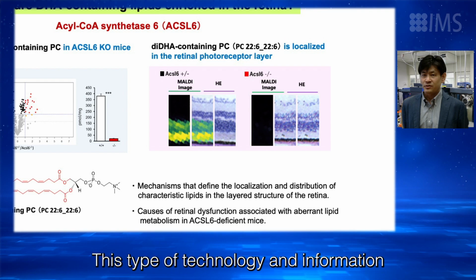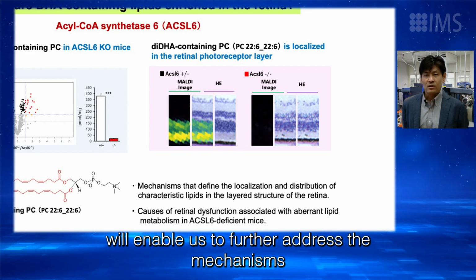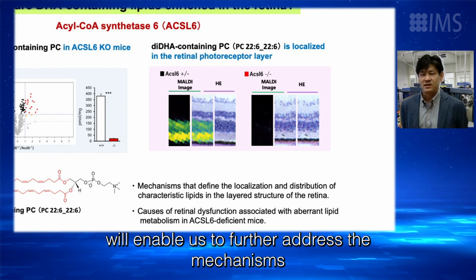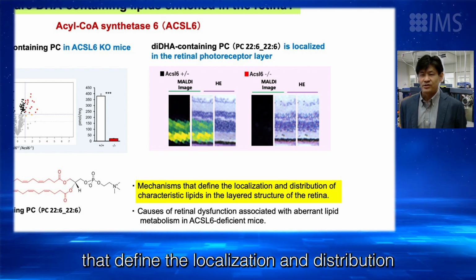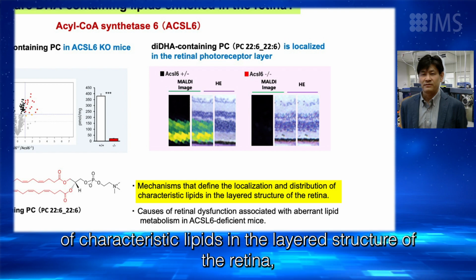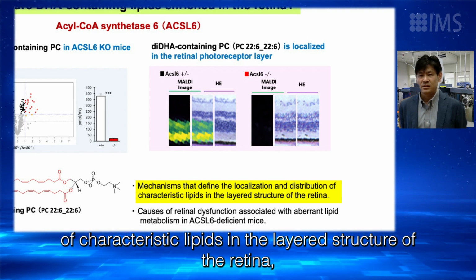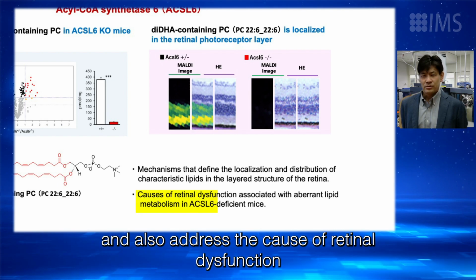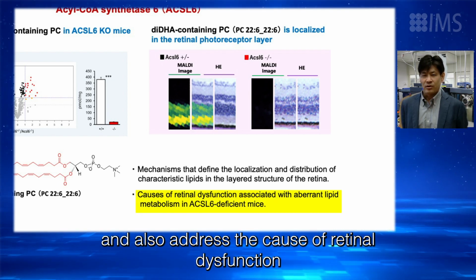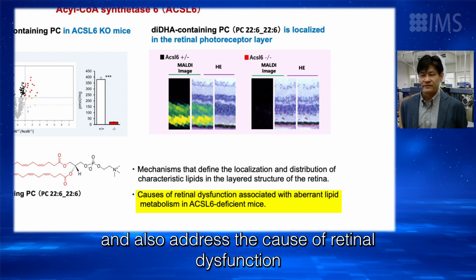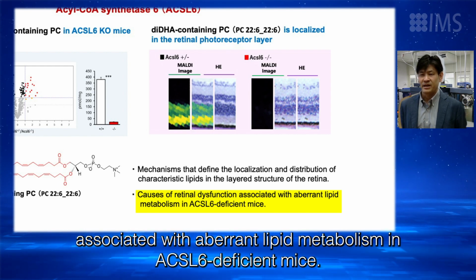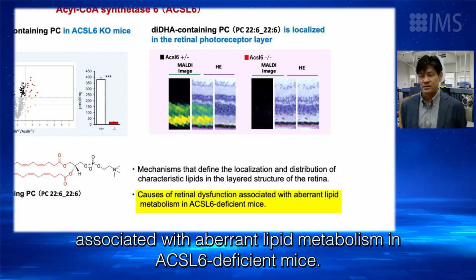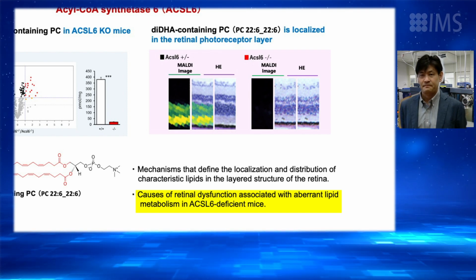This type of technology and information will enable us to further address the mechanisms that define the localization and distribution of characteristic lipids in the layered structure of the retina, and also address the causes of retinal dysfunction associated with aberrant lipid metabolism in ACSL6 deficient mice.